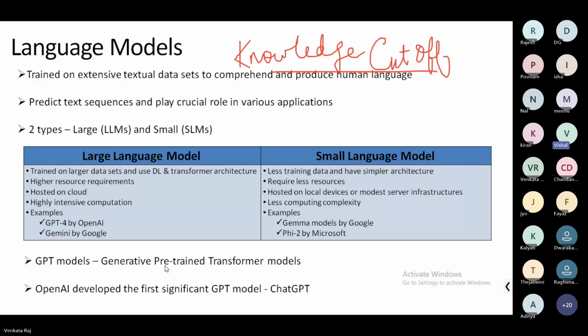When we enter some text there, what exactly might it have done? We will come to that when I go to the architecture. I'll explain how a particular text is interpreted by the LLM, and then it will generate the output. For example, if I input any text, how is it going to interpret that and generate the output? We'll discuss that. It is there in my topic course. So I'm giving you the basics now.